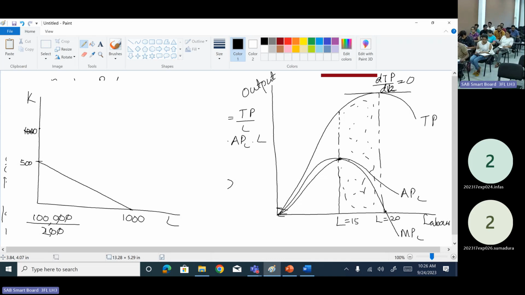This is the budget line. Our total outlay is 100,000, so there can be different combinations of labor and capital input that we can use, based on the given budget and the given prices.